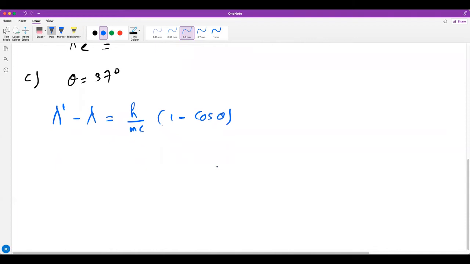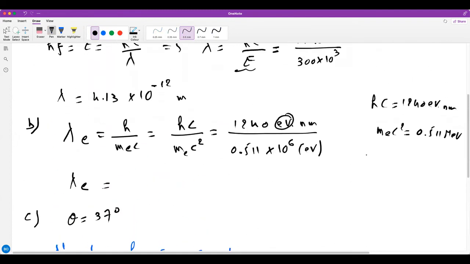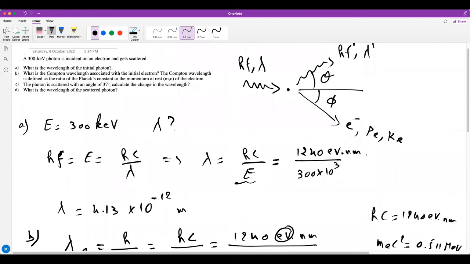Okay, again, we can easily use the same thing, the hc over mc squared times 1 minus cosine 37, and we can easily find that the change is 0.005 nanometers.